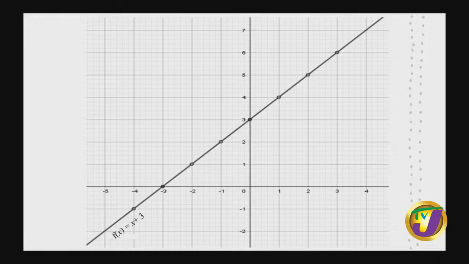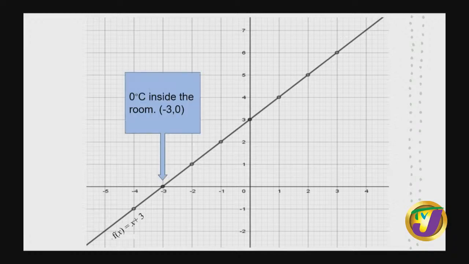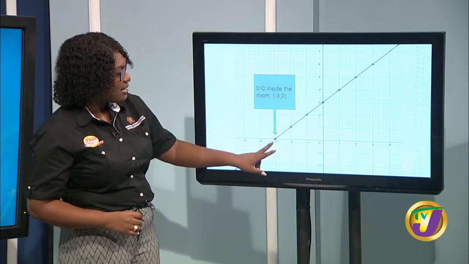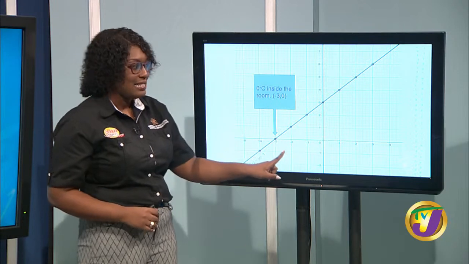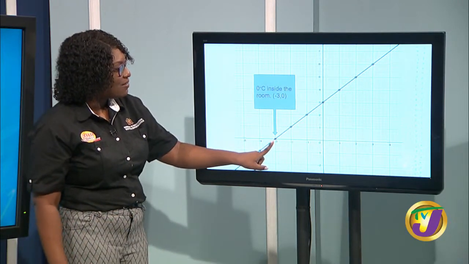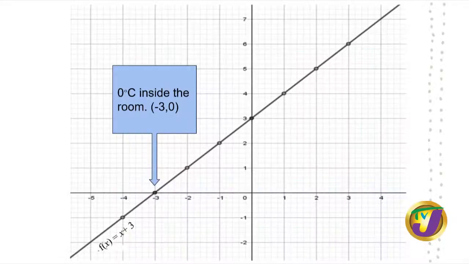Now we need to locate 0 degrees inside our room and 0 degrees outside of our room. Now, 0 degrees inside the room, as you can see, is where our line cuts the x-axis. So at this point, negative 3, 0 would be 0 degrees inside the room.